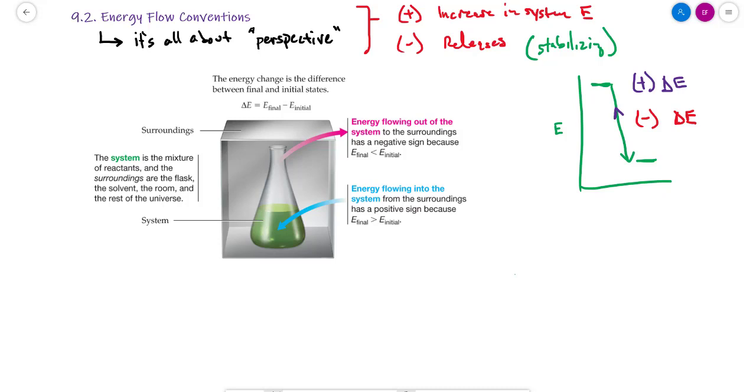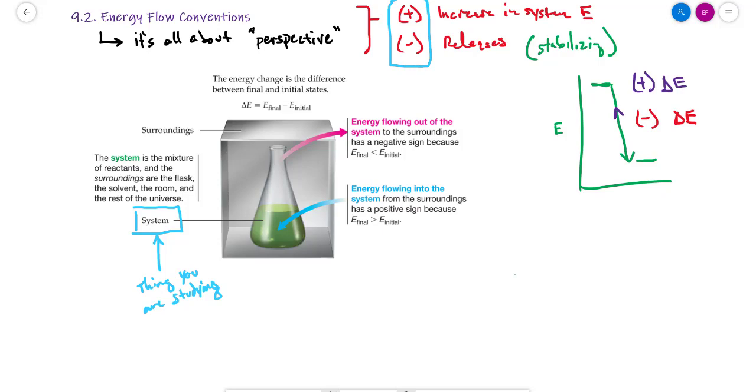That requires us to define this convention of the system and the surroundings. The system is the thing you are studying, or the thing that you're taking the perspective from. So if we're talking about energy flow in terms of positive and negative, we're thinking about it from the perspective of the system.